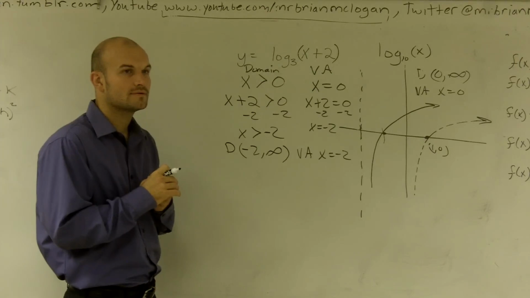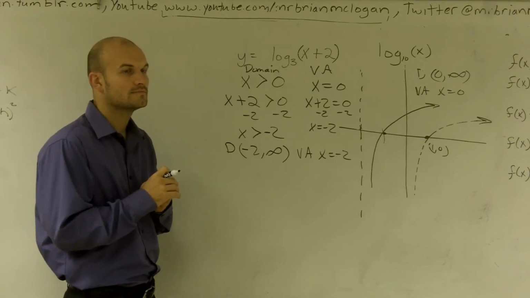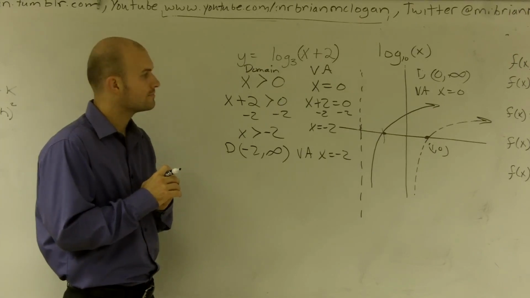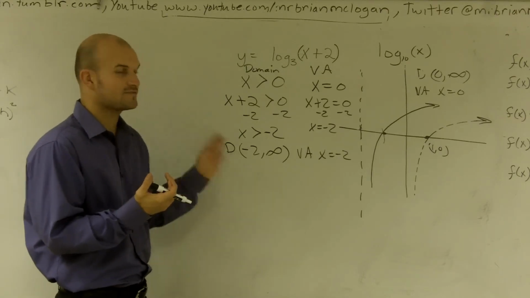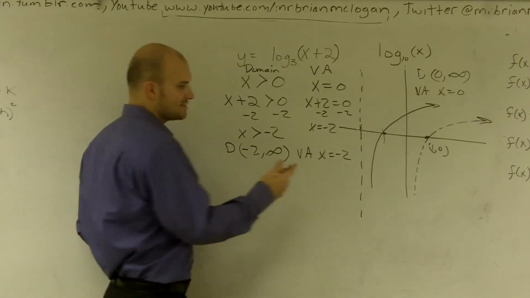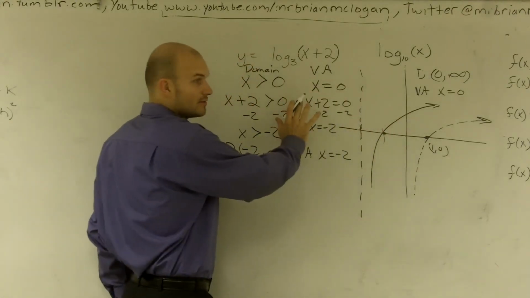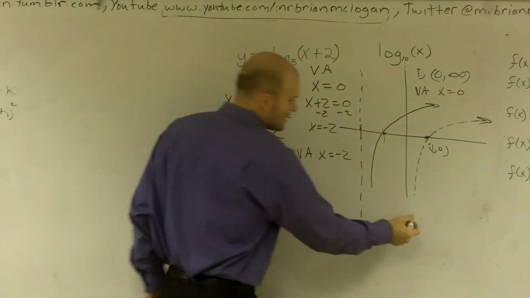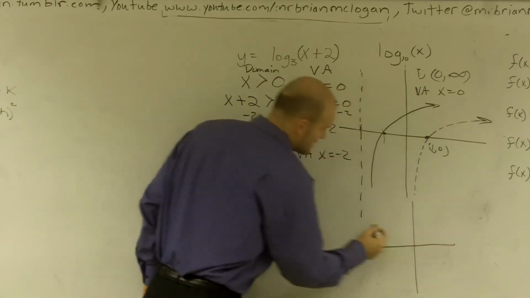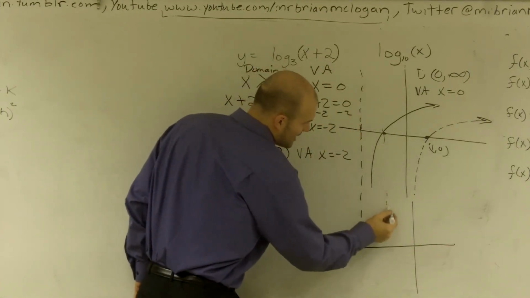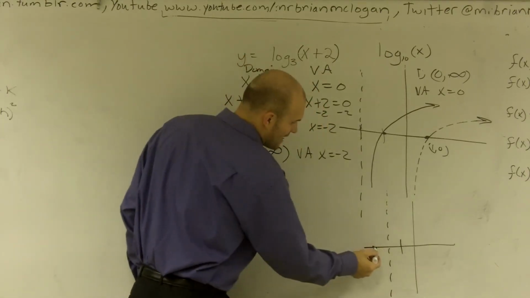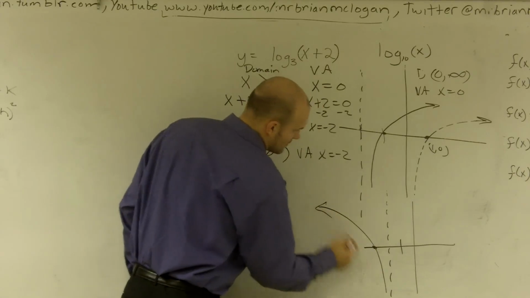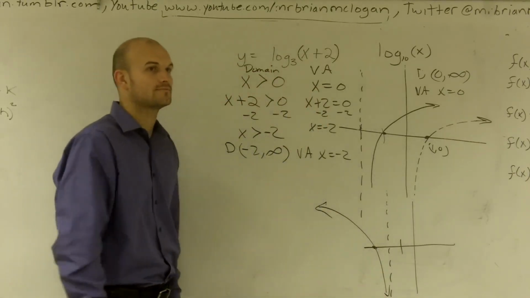Let's say my asymptote was at -2, so now my graph would look something like this, because it'd be reflecting.